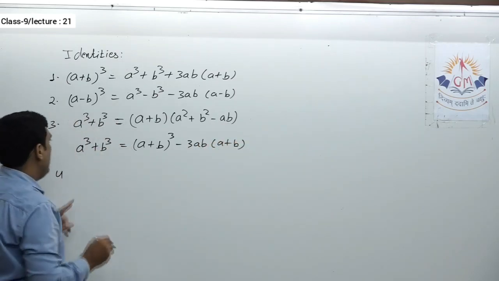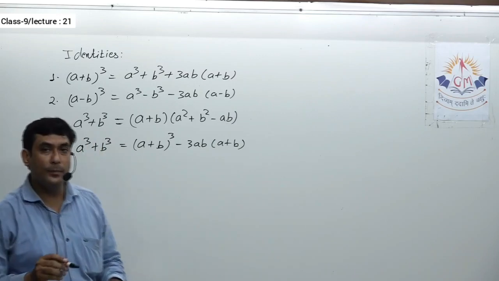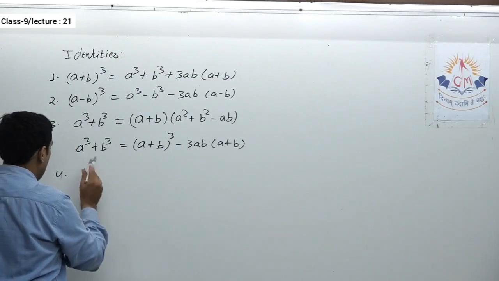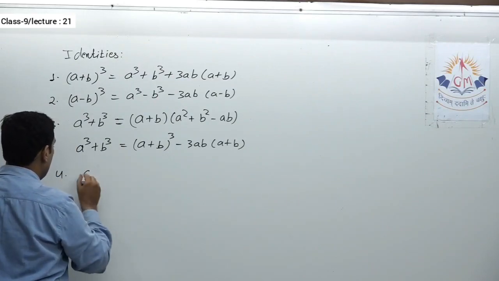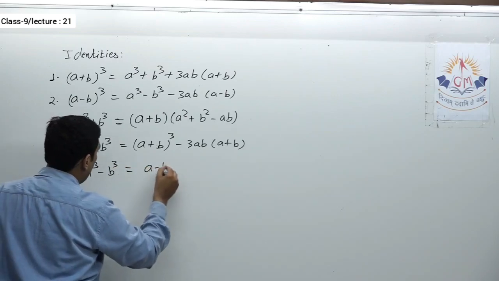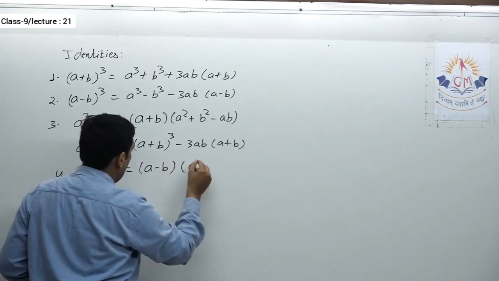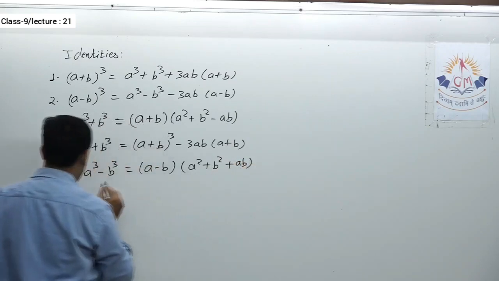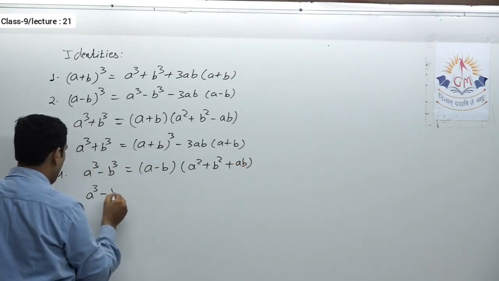Now as we have the identity of a cube plus b cube, similarly a cube minus b cube. A cube minus b cube is equal to (a minus b)(a square plus b square plus ab), and there is one more identity of a cube minus b cube.